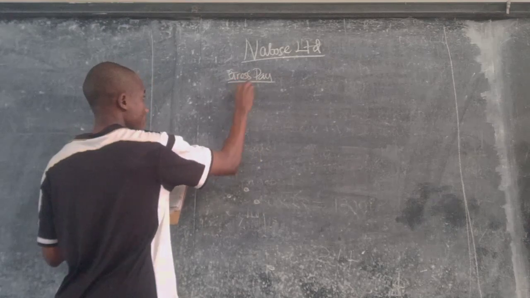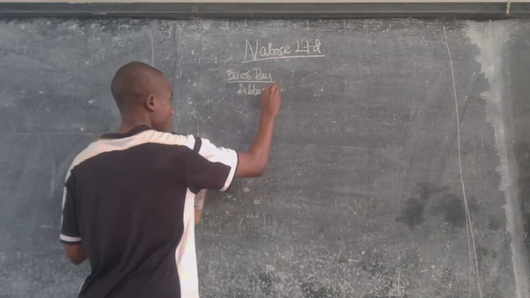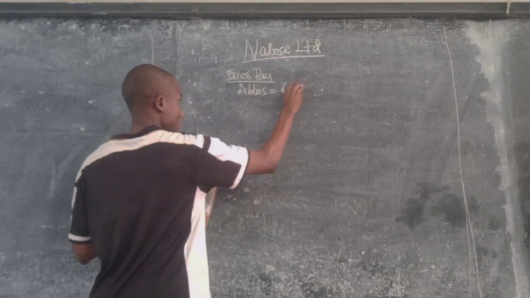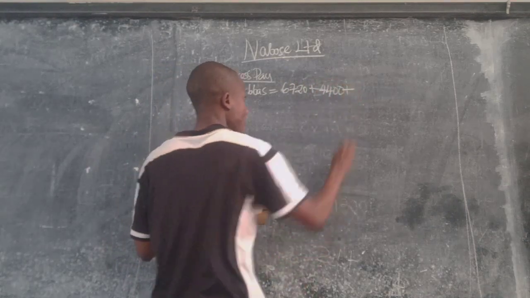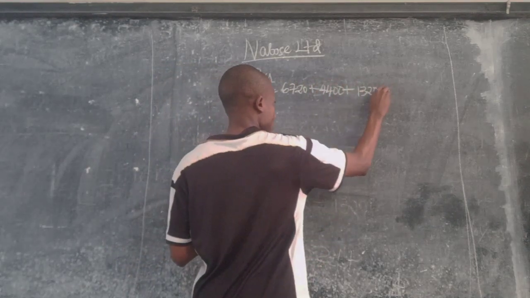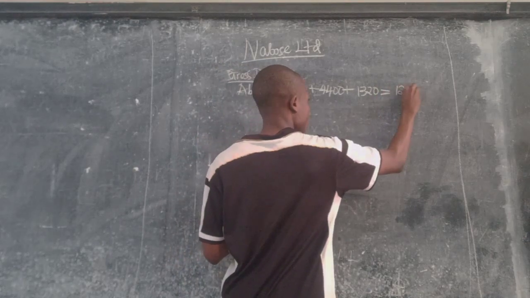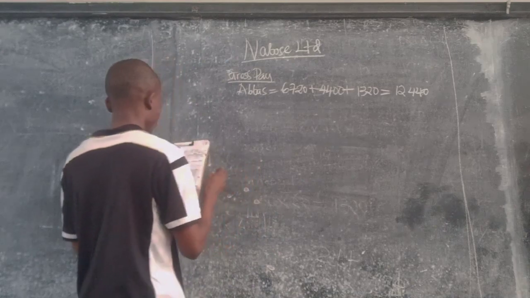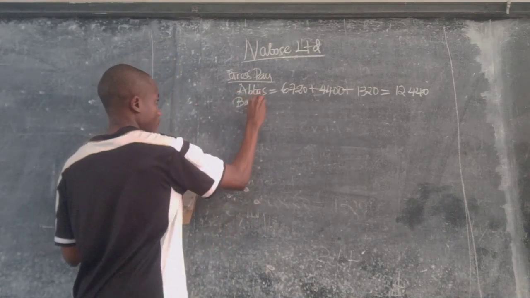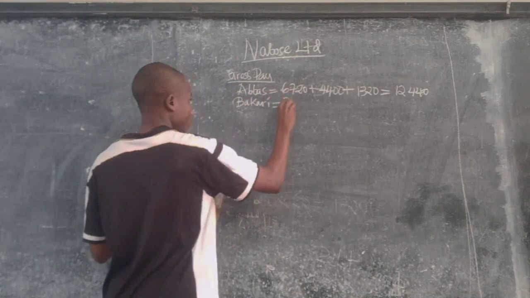Gross pay is found by taking the basic pay plus all the allowances. So for Abbas, you will take 6,720 plus 4,400 plus 1,320. You will get 12,440. So you have to take basic pay plus all allowances.